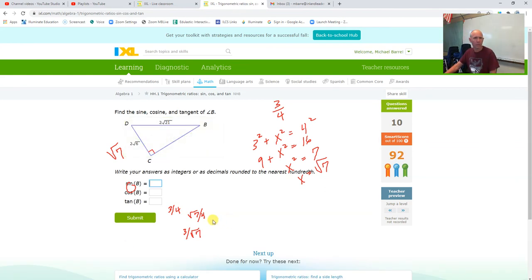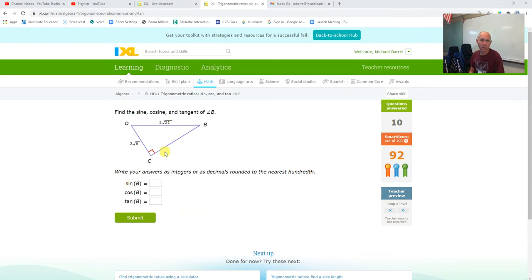Oh, look at that one. You know what? I'm going to do the Pythagorean piece of this at least. I have the hypotenuse, so 2 square root of 6 plus x squared equals 2 square root of 21.